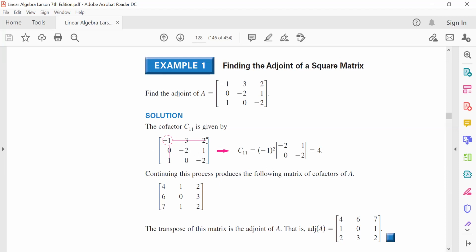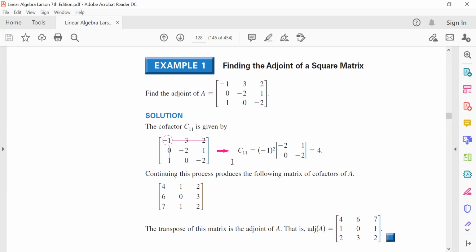Shouldn't it be -1 times -1 squared times that determinant? The answer is no, because we only multiply by this -1 when we're trying to figure out the whole determinant. But this here is not the whole determinant, it's just the cofactor. The cofactor is the thing I multiplied -1 by. So just be clear about that.